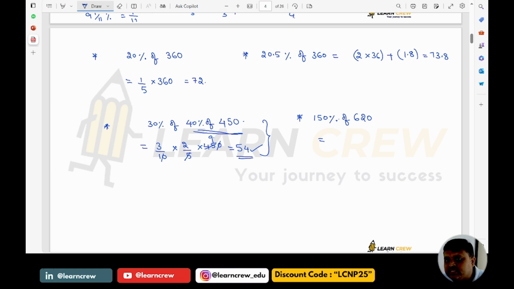I'm not thinking in that way. 150% means 100% plus 50%. 100% means full value, 620. 50 percentage means half of this, 310. 150 percentage means full value plus half value. 620 plus 310, which is 930. 930.